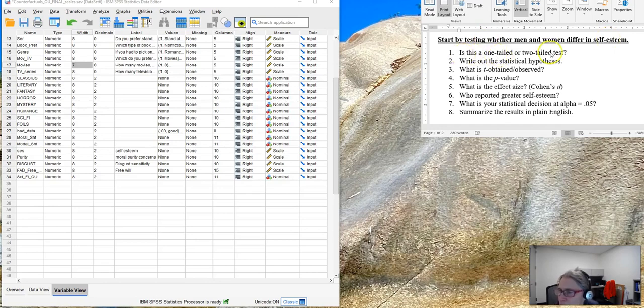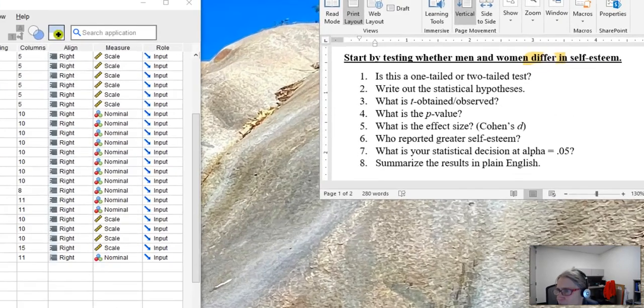Is this a one-tailed or two-tailed test? Whenever it says if something differs, it's going to be a two-tailed test. If the question is do they differ, are they different, without specifying that you expect one to have higher scores than the other, this is always going to be a two-tailed test.